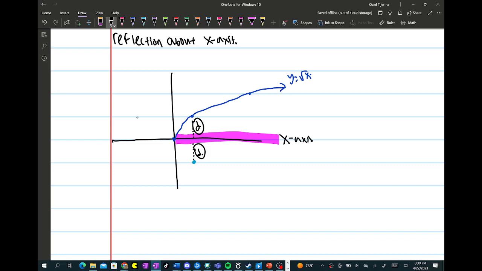There's also this point here, and it's equidistant from that point there. So it's going to be over here.